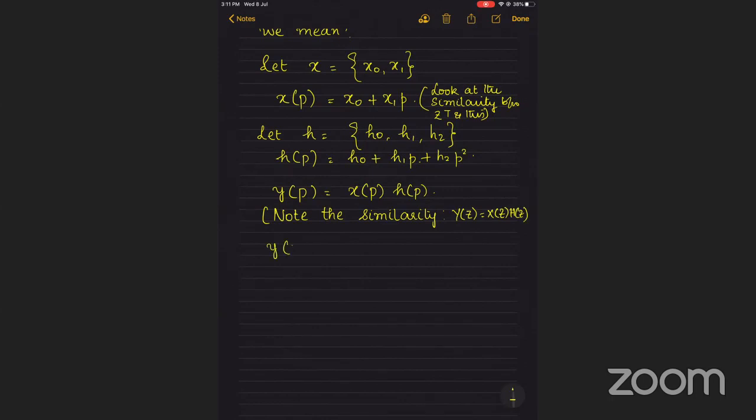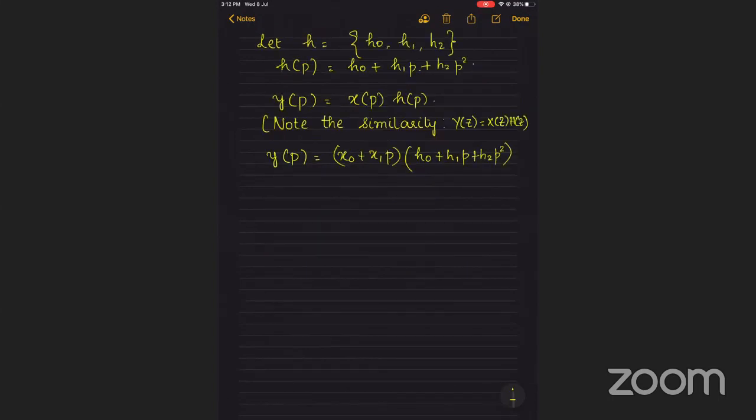Y of p is basically x naught plus x1p into h naught plus h1p plus h2p square. Is that right?